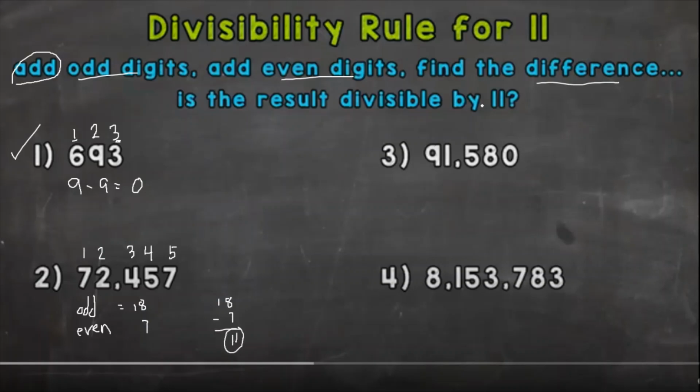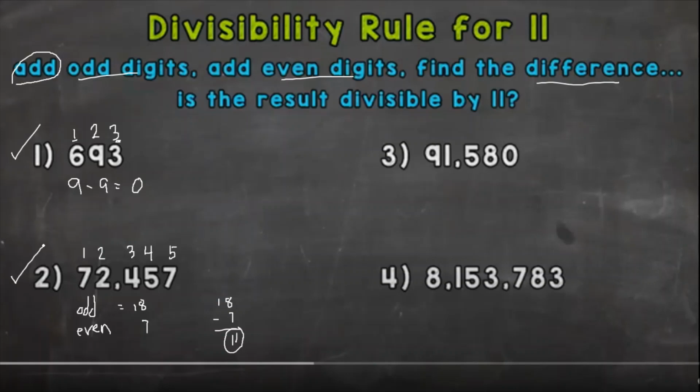Now, can 11 be divided by 11, or is it divisible by 11? The answer is yes. So it means to say that 72,457 is divisible by 11.